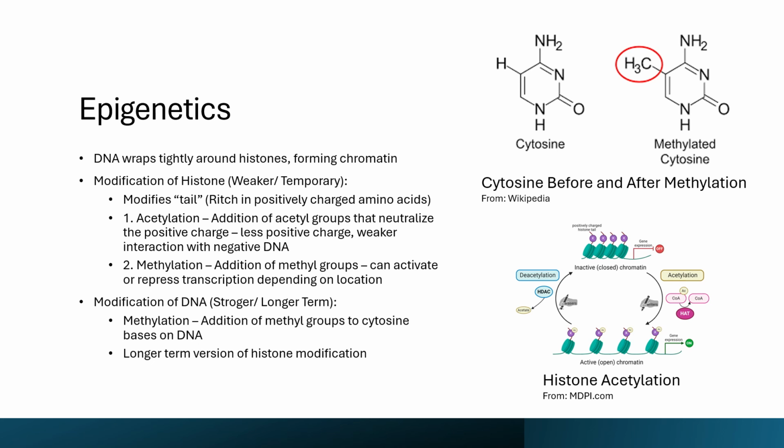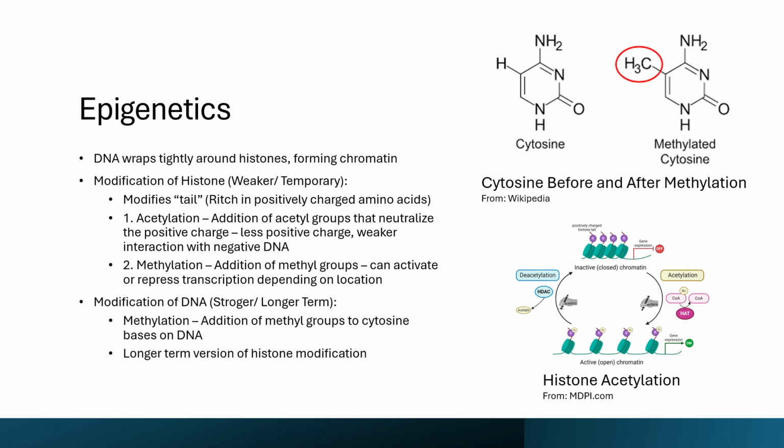Starting with epigenetics, to understand the basics, DNA wraps tightly around histones forming chromatin. The histone tail is rich in positively charged amino acids, which attracts the negatively charged DNA and keeps it bound really tightly. So there are two things we can do for epigenetic modification. We can modify the histone, in which case we modify the tail.